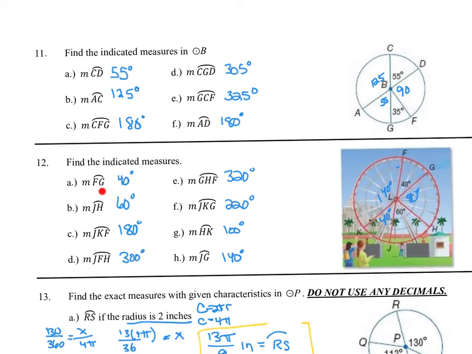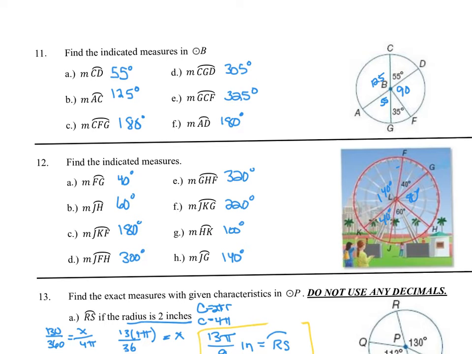So I want to find the measure of arc FG. That's this right here, so that is 40. Then we're looking at arc JH. JH would be this right here, which is going to be 60.